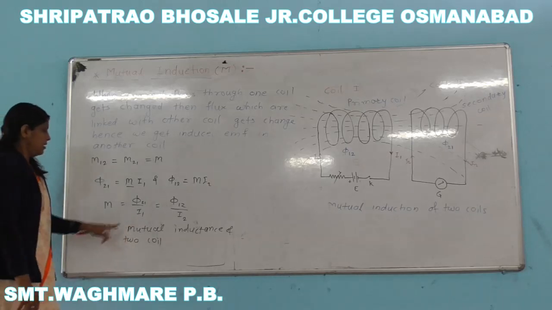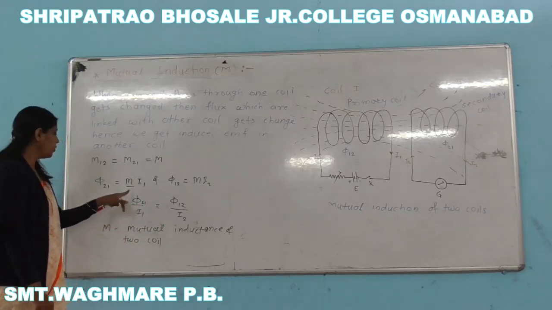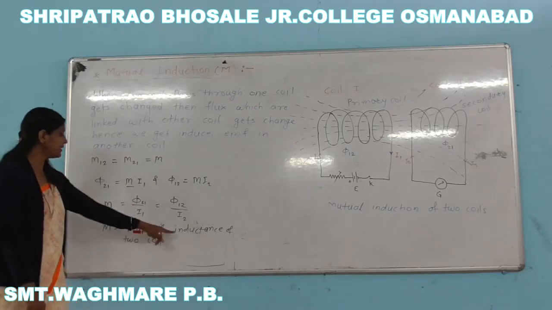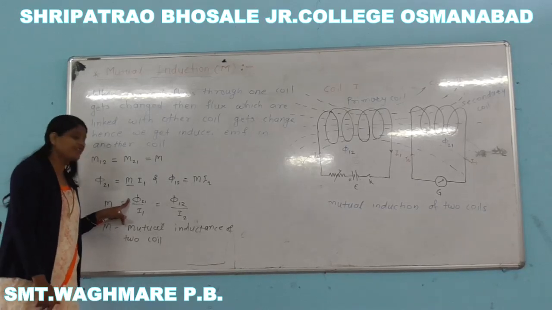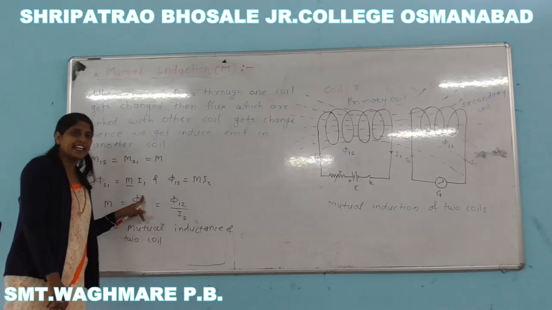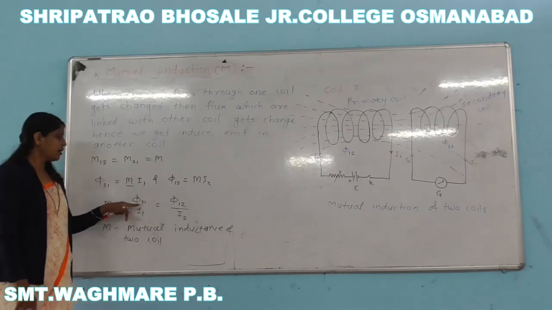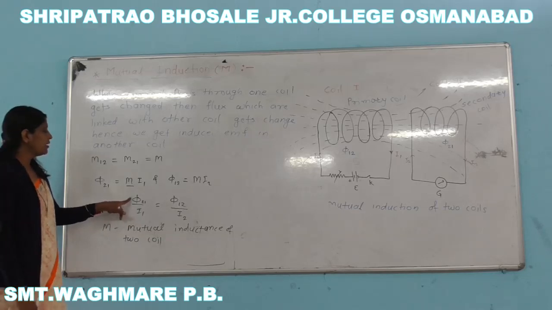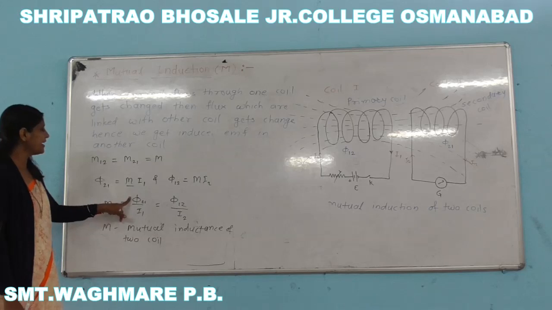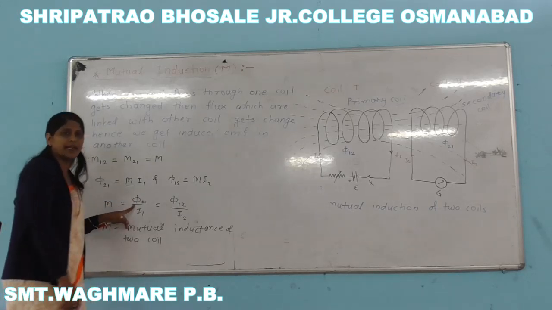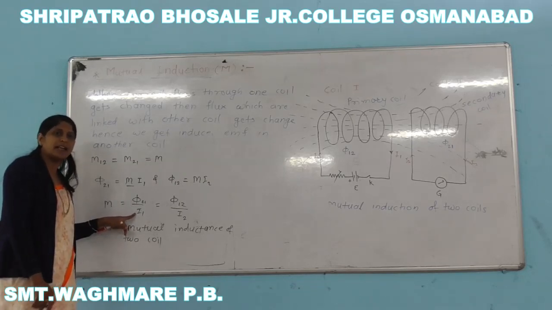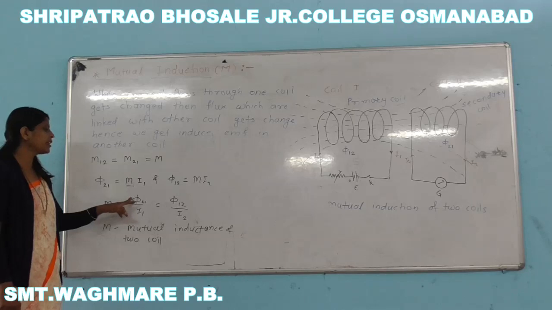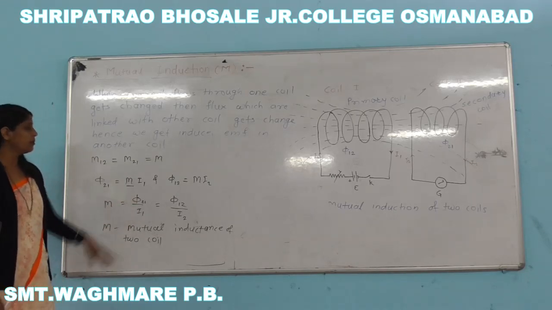From this equation, the mutual inductance of two coils is the ratio of magnetic flux linked with the secondary coil due to the current in the primary coil. Our mutual inductance of two coils can be defined as the ratio of magnetic flux linked with the secondary coil to the current passing in the primary coil, that is, magnetic flux linked with the secondary coil per unit current in the primary coil.